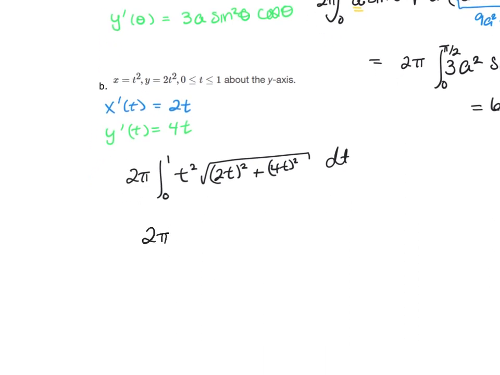Inside, I'm going to get 4, because 2 squared is 4, and then 4 squared, which is 16. So I'll end up with 20, and it'll be t squared dt.